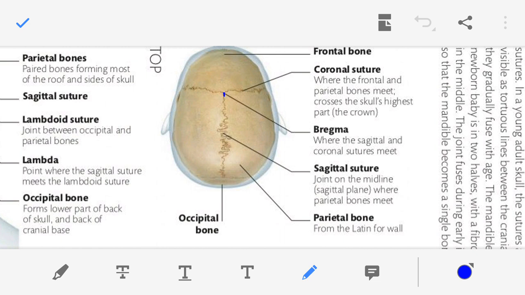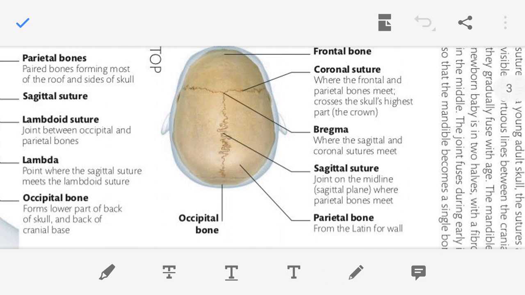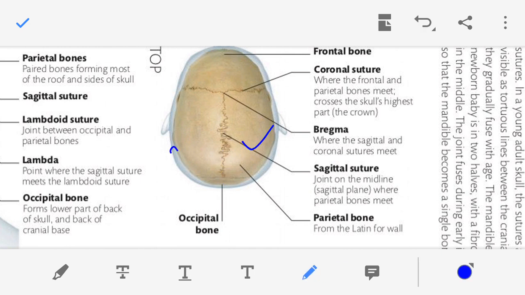Here the sagittal suture is shown. Where is it present? It is a joint on the midline where the parietal bones meet. These two parietal bones are meeting on the midline, and there the sagittal suture is present.